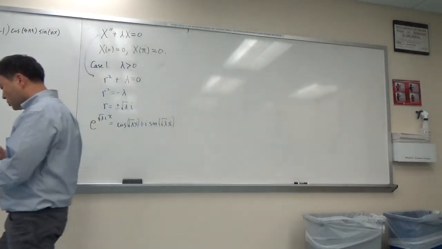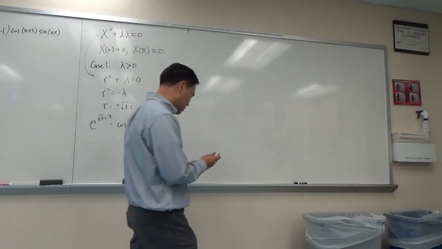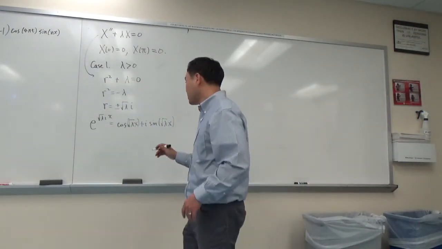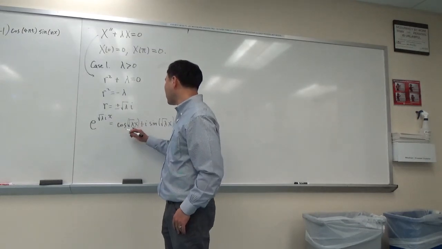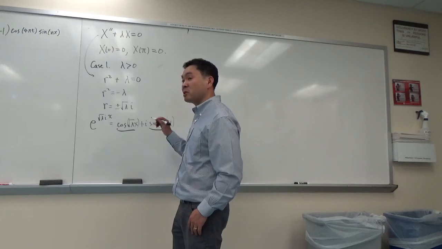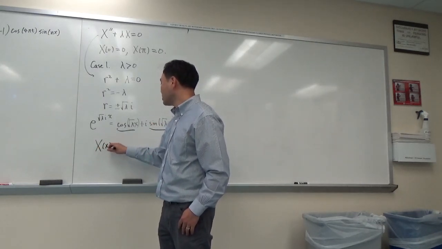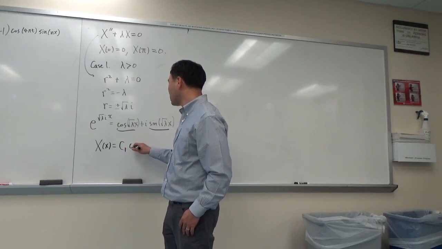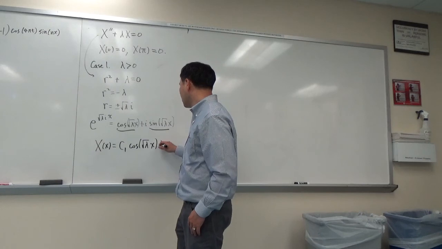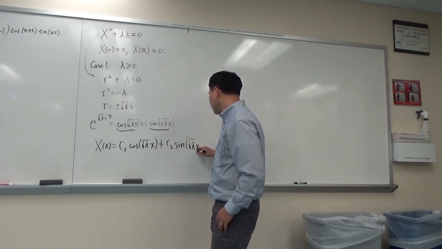So that's the solution. Which is not at all real, so you better take the real parts. So this and this separately become solutions, so we know that x of x better be c1 times cosine square root of lambda x plus c2 sine square root of lambda x.